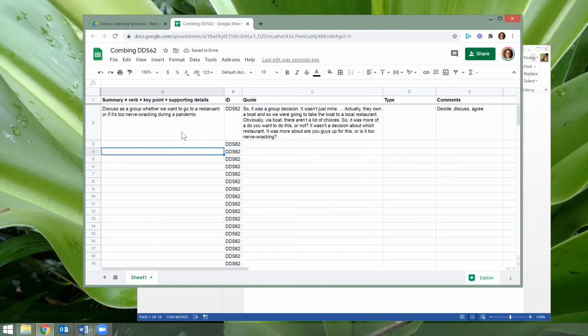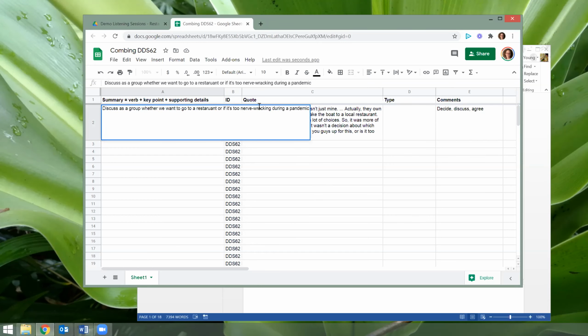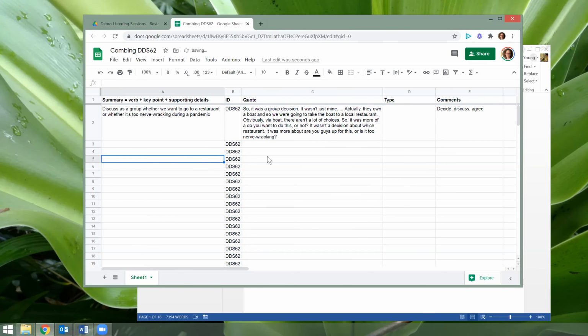Does boat belong in there? Maybe I'll change if to whether, the way it reads. I just read it again in my head. I'll leave that. This is inner thinking.